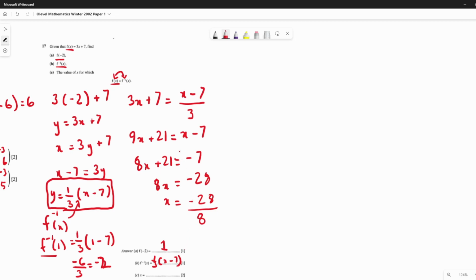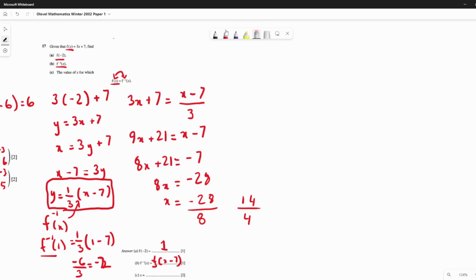-28/8, which should be 14/4, and I don't think we can reduce that further. So -14/4, that does not look correct to me.